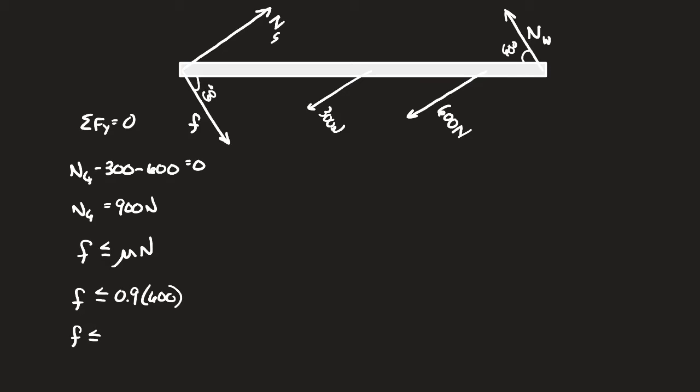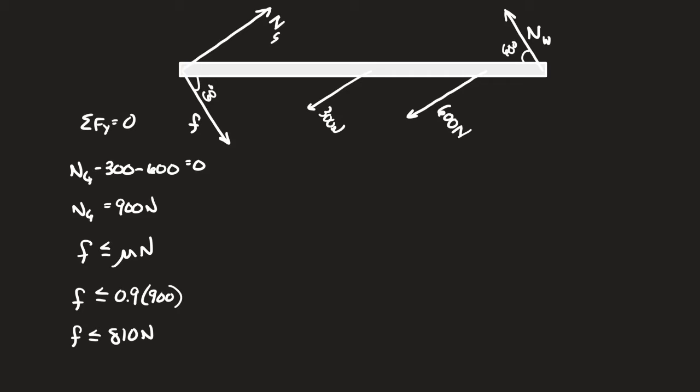It has to be 0.9 times 900. Thank you, Cameron, for whispering that question to somebody else, but intending it for me. That means it's less than or equal to 810 newtons.